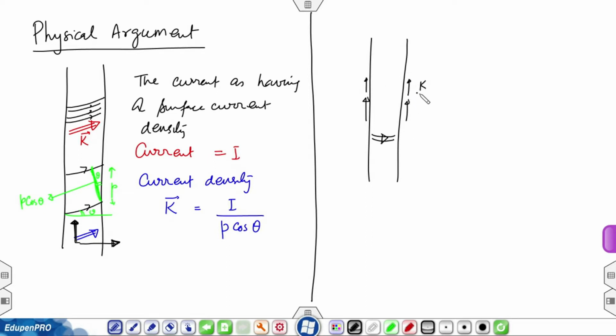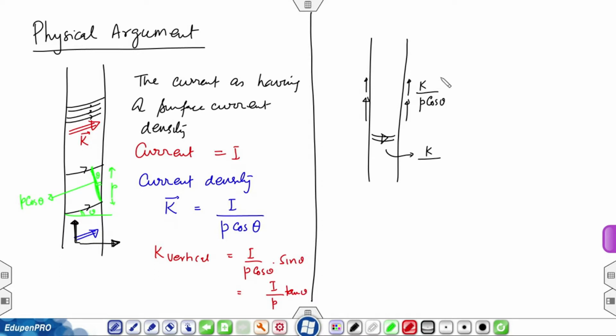So, let us write this here. K vertical is going to be I over P cosine of theta times sine of theta, which is going to be I over P tangent of theta.